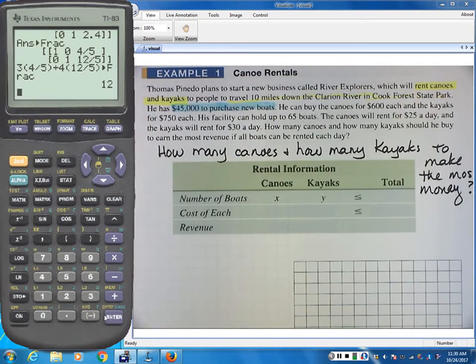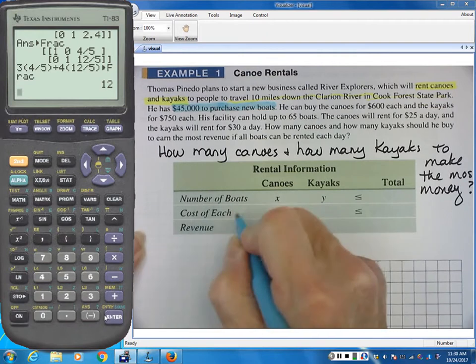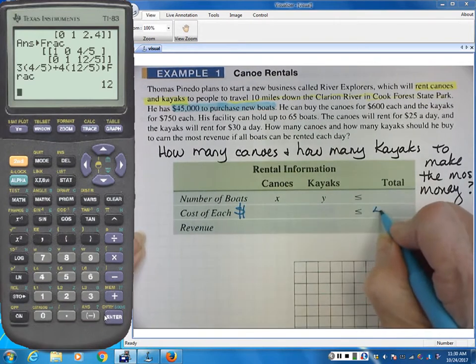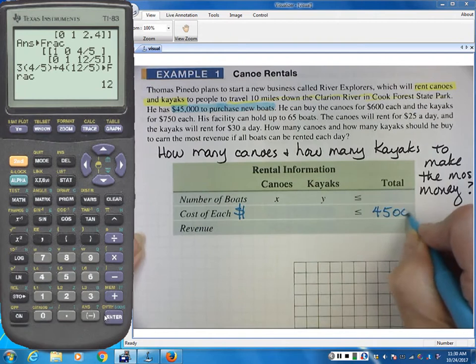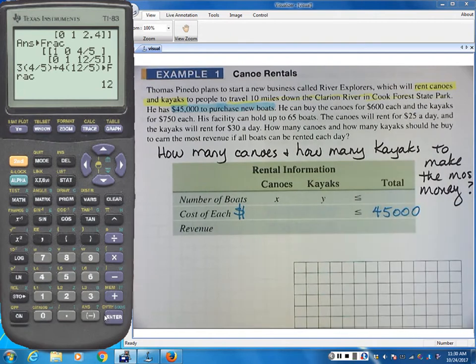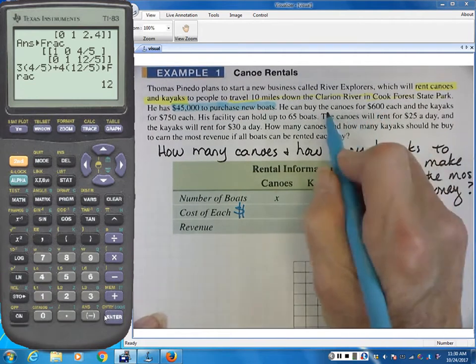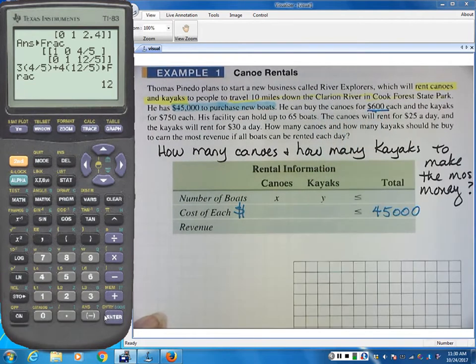That means that his money cannot exceed $45,000. So down here on cost, we have to stay equal to or less than $45,000. It also points out to you that the canoes sell for $600 each.